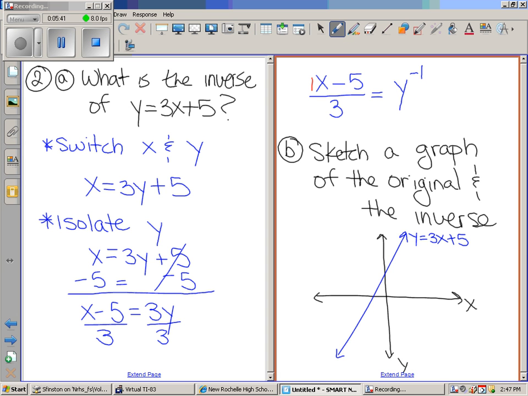And so this is also the same thing as saying 1/3 x minus 5/3 equals y to the negative 1. It's the same thing. Let's plug that into our calculator and see what a picture looks like.